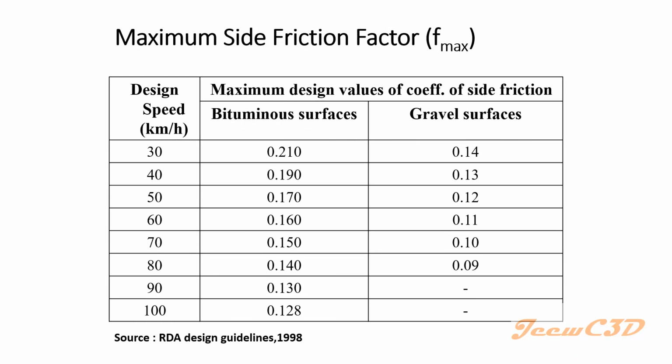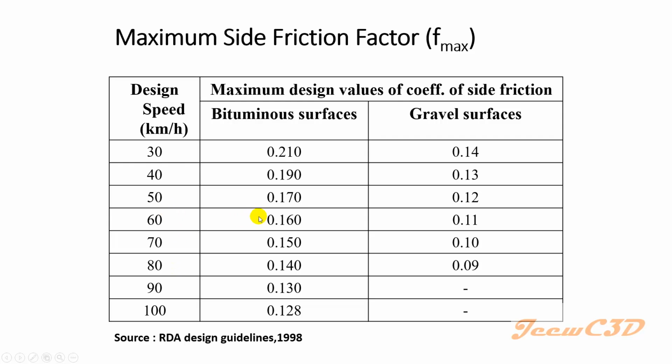Then the other factor, maximum side friction factor. In the equation it was Emax plus Fmax. So the maximum side friction factors are given in RDA design guidelines. So it depends on the design speed of the vehicle. So you can see these Fmax values depend on the design speed of the vehicles.